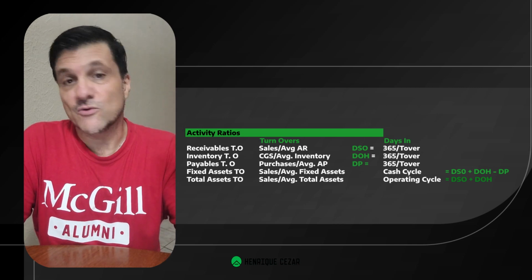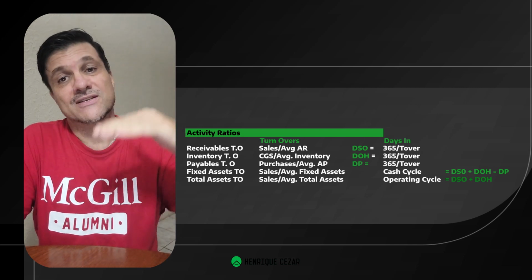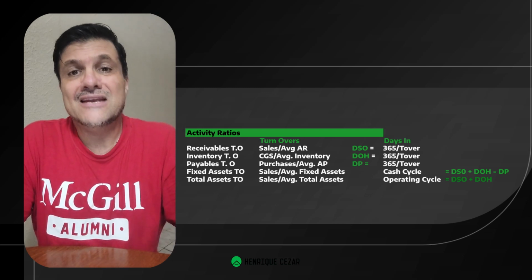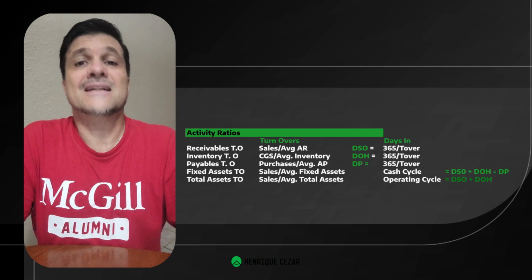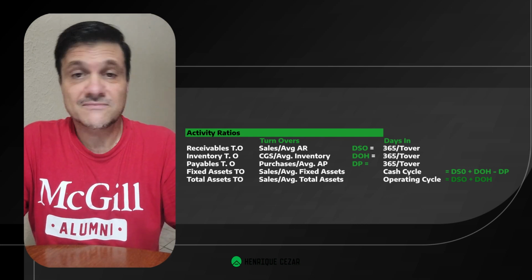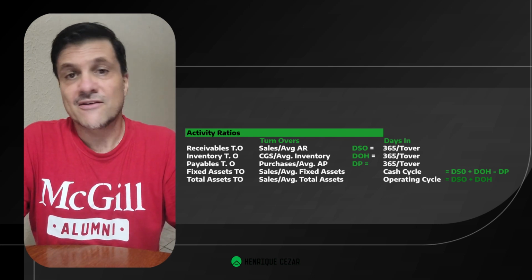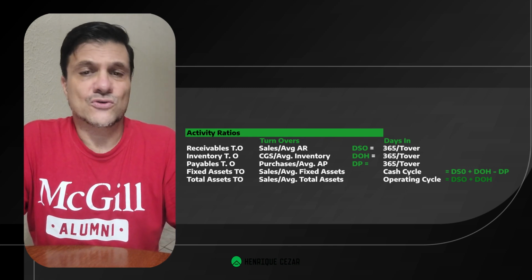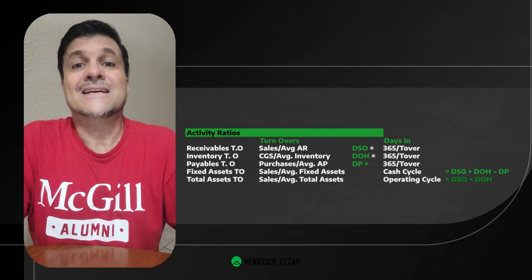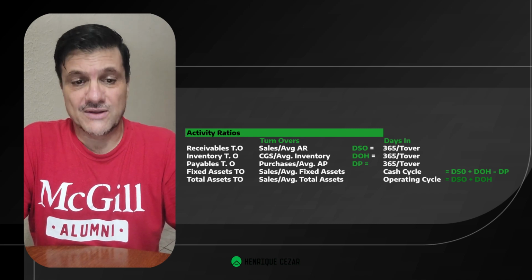So for receivables turnover, the accounts receivable is the denominator. Inventory turnover, the inventory will be in the denominator. Payables turnover, the accounts payable in the denominator. Fixed asset turnover, fixed assets in the denominator. And total assets turnover, guess what? Total assets in the denominator.